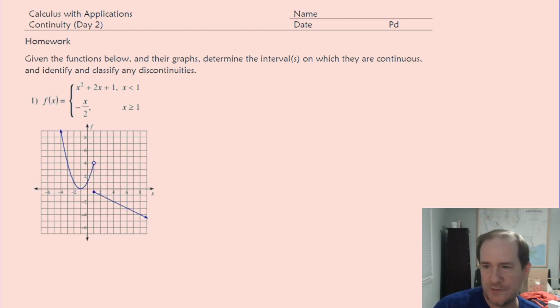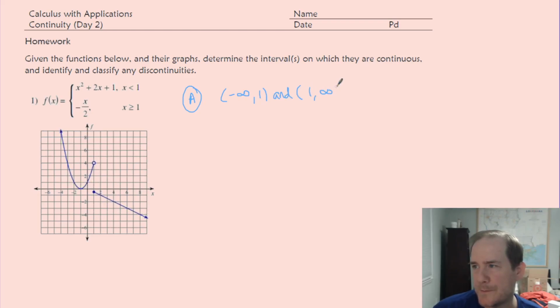This is number 1, so we're just trying to ease into it. Looking at this function, its graph, and the algebraic rule, I hope you would all say, in response to where are we continuous, that we are certainly continuous on the intervals from negative infinity to 1, and also from 1 to infinity.